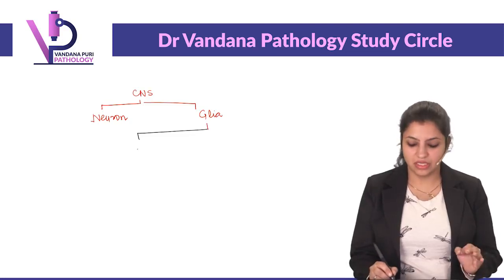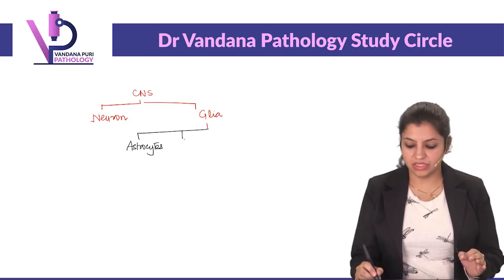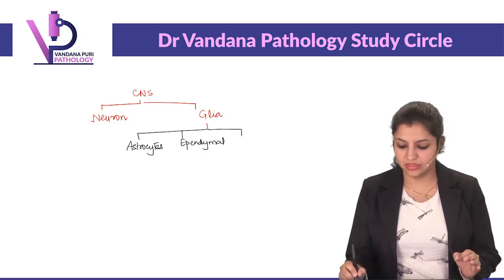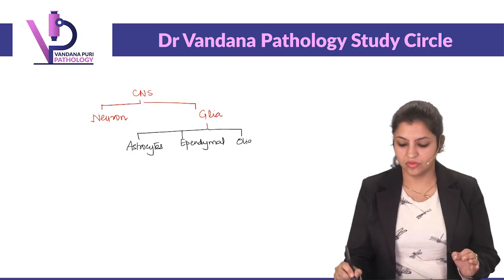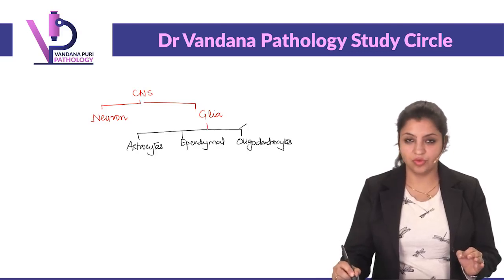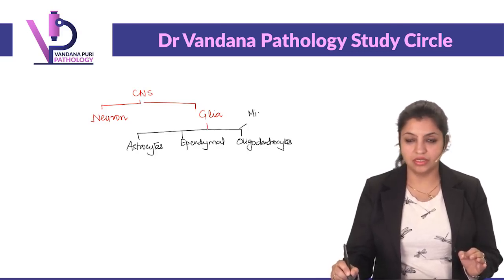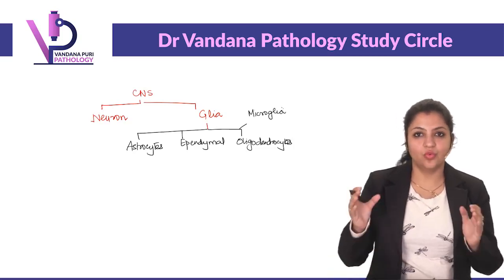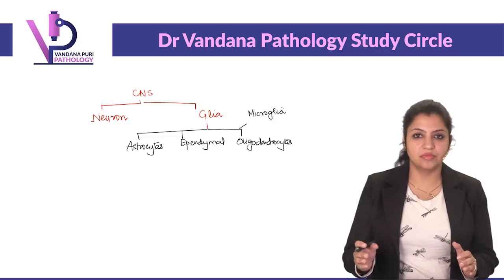First, astrocytes. Second, ependymal cells. Third, oligodendrocytes. And the fourth, microglia cells. Let's understand what is the function of each one of them.